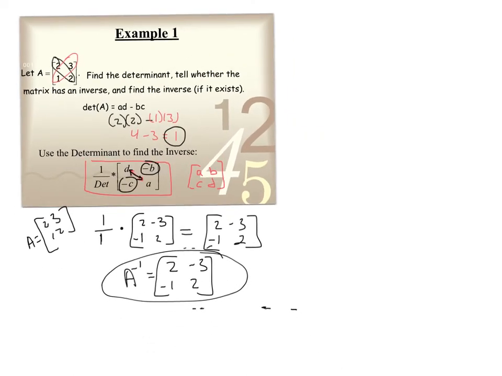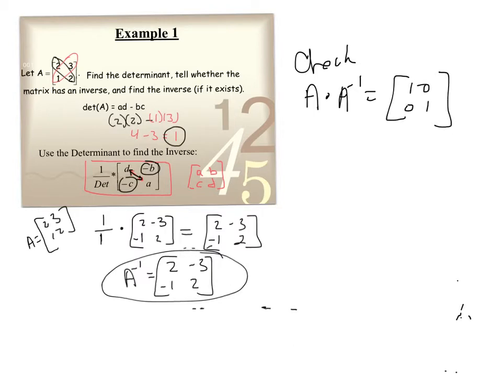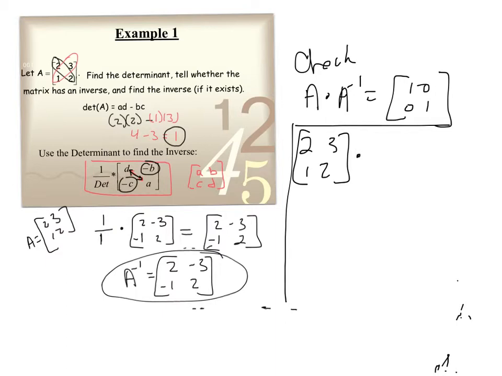And I can do a check here because we know that if I take A times A inverse, I should get my identity matrix, right? So let's go ahead and do that real quick. I know A is 2, 3, 1, 2. Multiply it by our inverse, which is 2, negative 3, negative 1, 2.